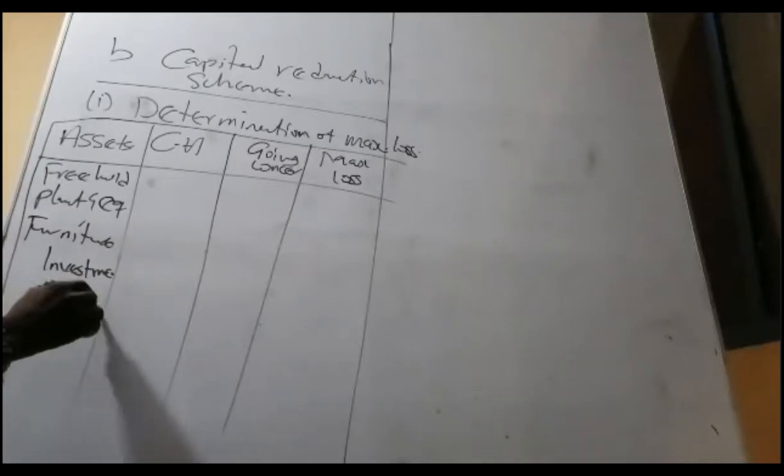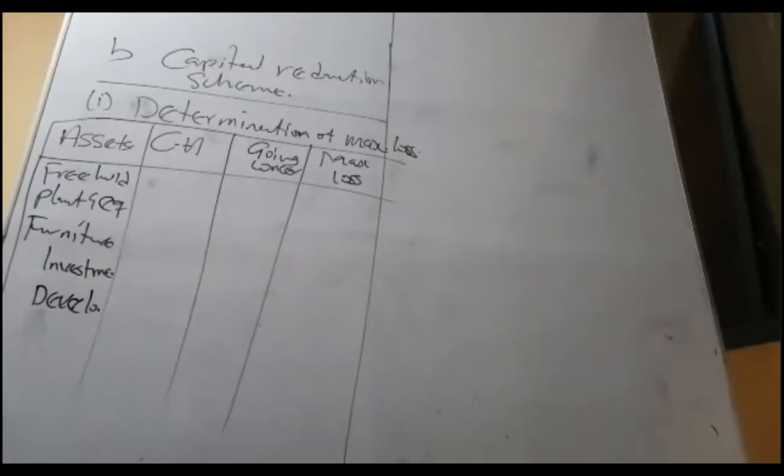The next one is development expenditure. The next one is all assets except cash. Inventory, but there's no loss. Cash balance, no. Then trade receivable.